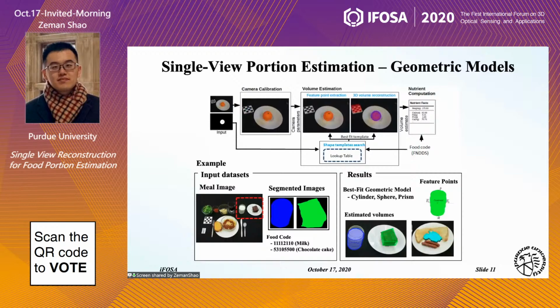Then camera calibration is applied to the original RGB image, and the volume is estimated by feature point extraction and shape template matching. Once the food volume has been estimated from the image, the energy of the food consumed can be estimated based on the nutrient information.